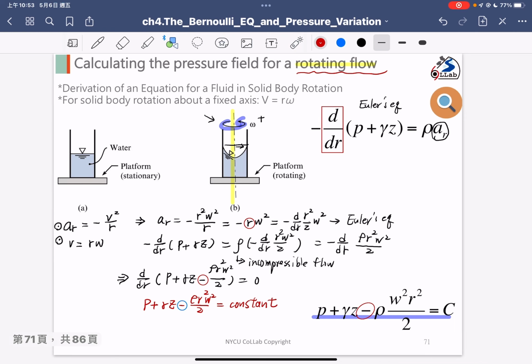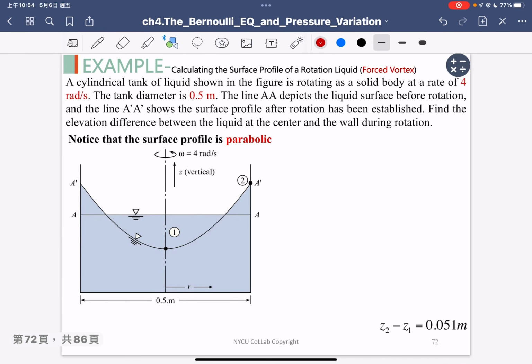Very useful, because if we focus on our exercise, this exercise is calculating the surface profile of the rotating liquid. That indicates we need to find the curvature line here.